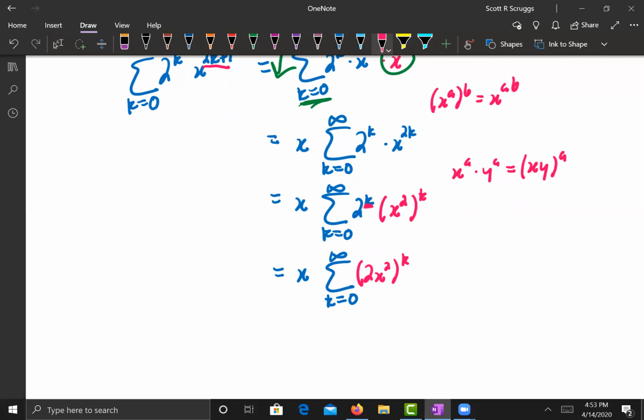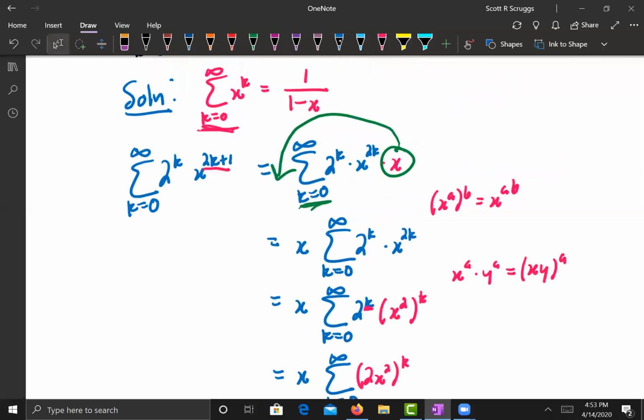And so now I claim that I have something similar to the Maclaurin series that I matched it with. Instead of x raised by the kth power, I have 2x squared raised by the kth power inside my series. Which means I can rewrite the series as 1 over 1 minus 2 times x squared, where instead of an x, I'm going to replace it with 2x squared.